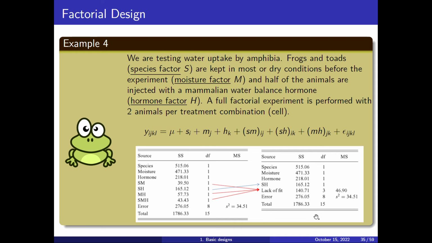But here, with only 2 animals per combination, you are able to identify a lot of interesting effects. You are able to decompose the contribution of each one of the effects, so you know how much the species, the moisture, the hormone is doing, and if there are interactions between factors. So you have really an extreme analysis power.